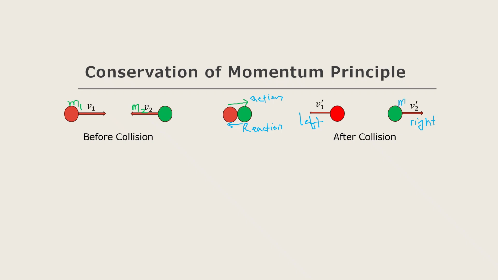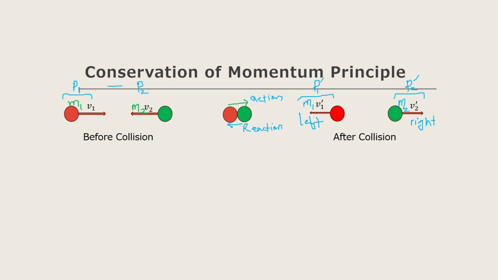As the masses are the same, and we know that momentum is the product of mass and velocity, this is the initial momentum of the first ball plus the momentum of the second ball. Similarly, after the collision, the momentum of the first ball is p1 prime and the momentum of the second ball is p2 prime.